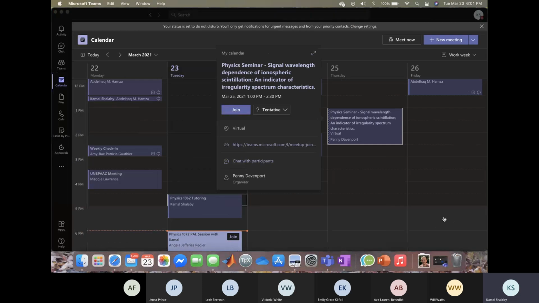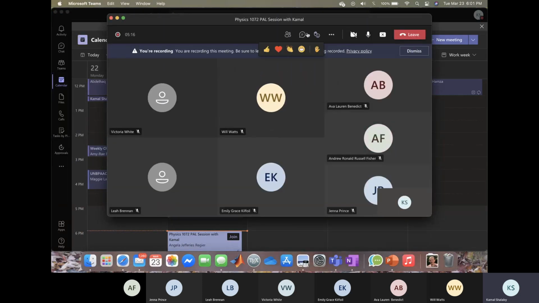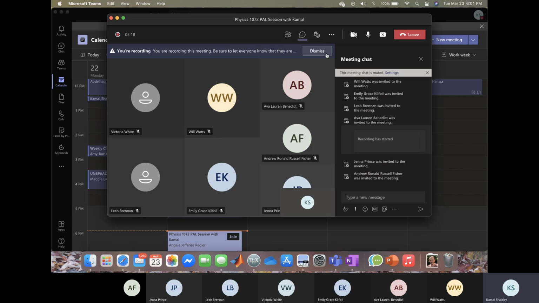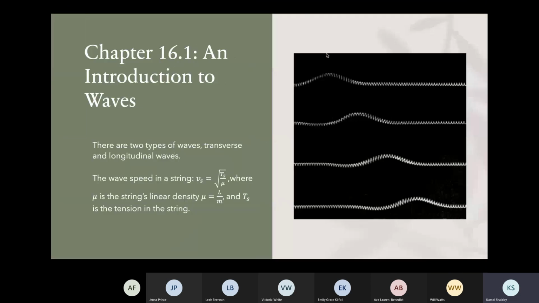I know someone is typing something in the chat, but you need to say something. What is the difference between a transversal and longitudinal waves?